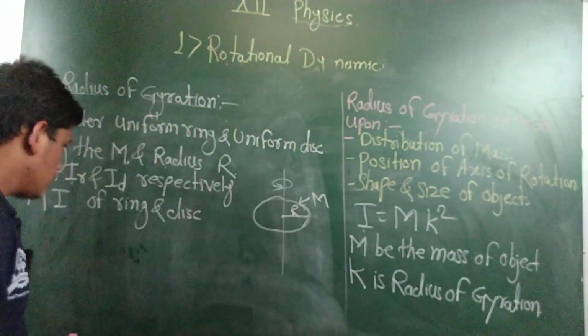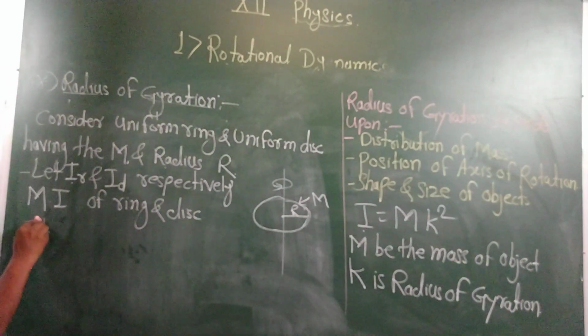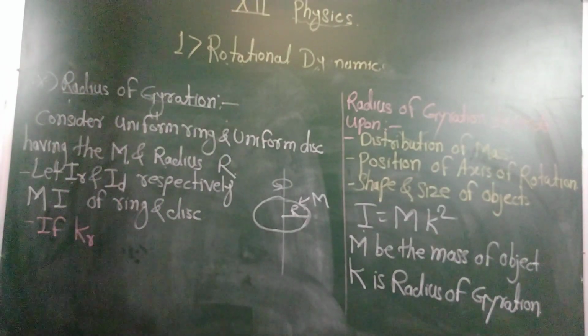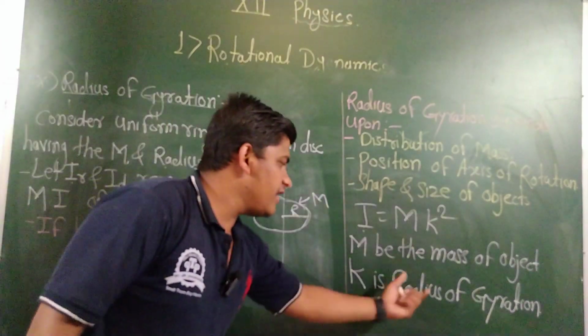This is most important. Now we are considering KR. What is KR? K means the radius of gyration.